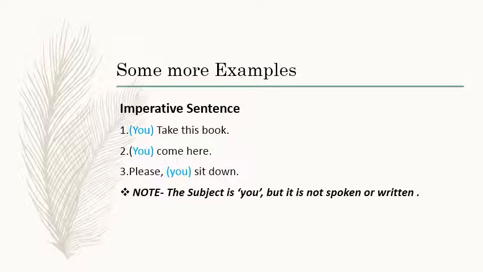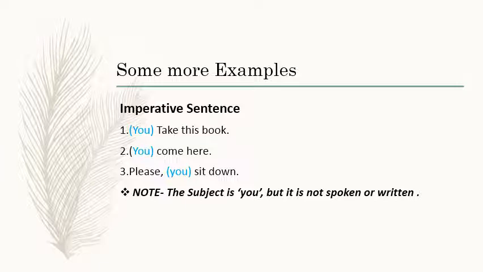So we know that here the subject is you, but it is not spoken or written. Come here. Please sit down. Now let's remember as a note that the subject is you, but it is not spoken or written in an imperative sentence.